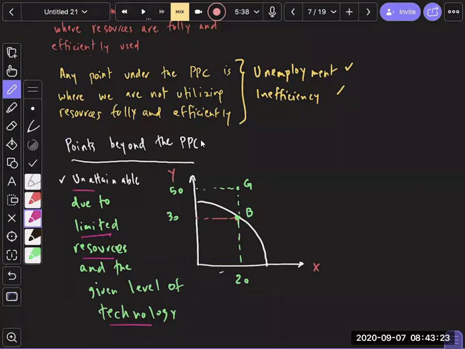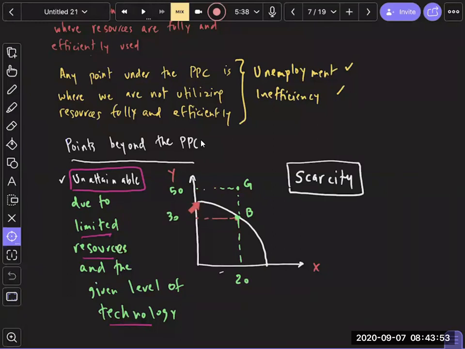And this is why, when you look at points beyond the PPC, it is telling us the very important concept of scarcity. Let me just erase this. It is telling us the concept of scarcity because of scarcity, we are restricted. So another name for PPC is production possibility boundary or frontier, because you can't cross this with your limited resources and given technology.